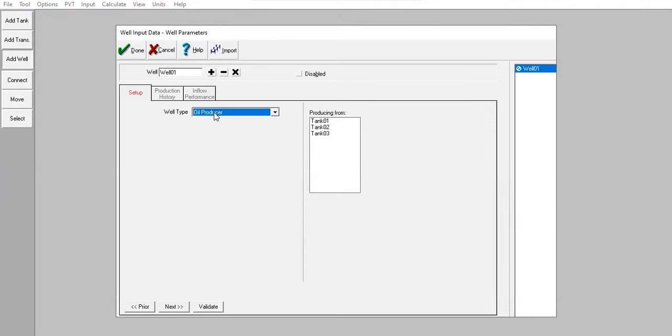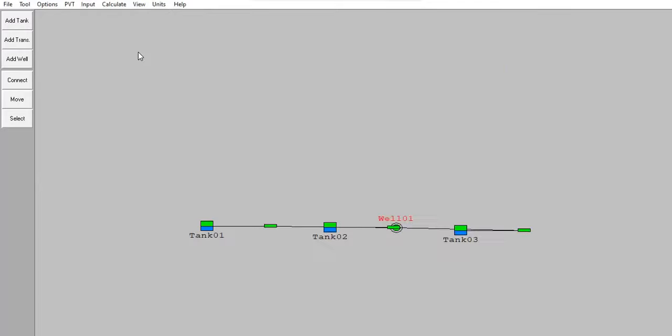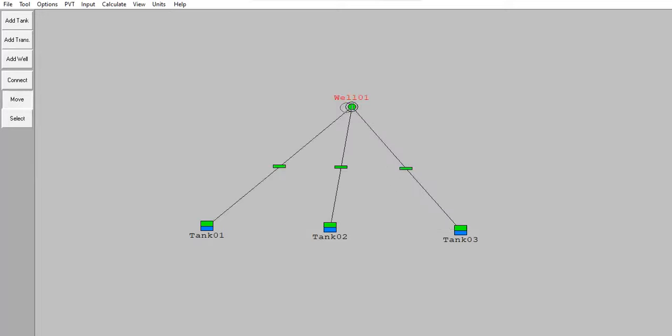Okay, so now I create a well, type oil producer, producing from tank 1, tank 2, and tank 3. Okay, let's check. Click done. All right, this well, I will move the well there. Okay, interesting.